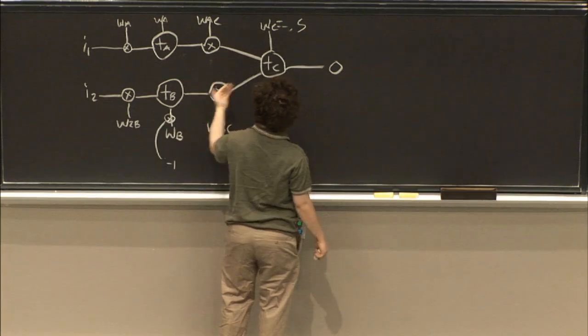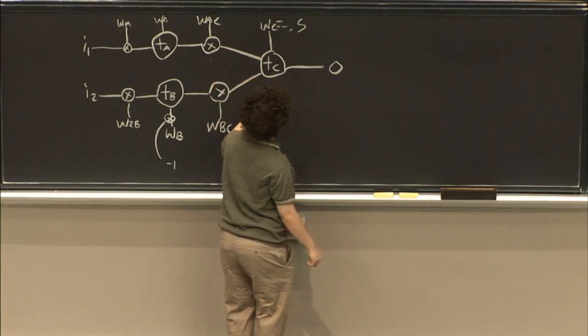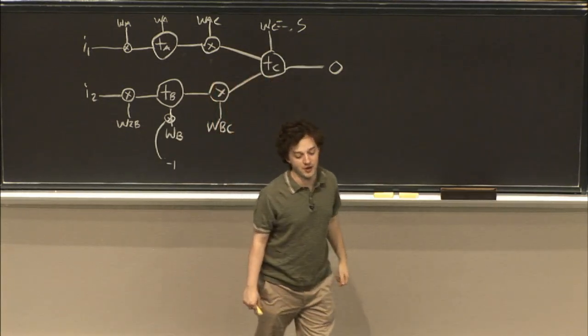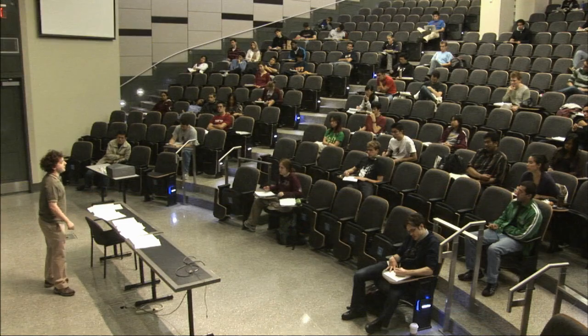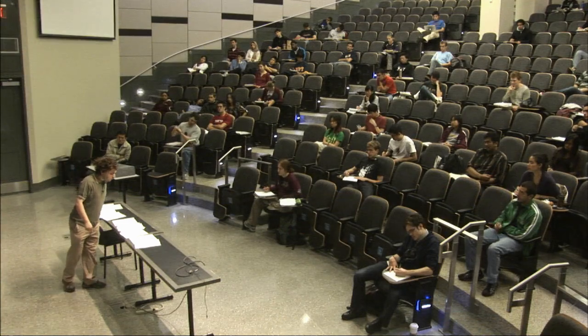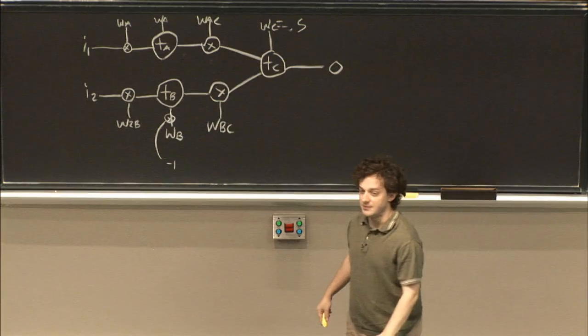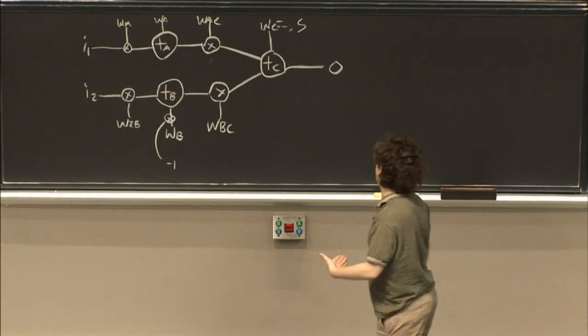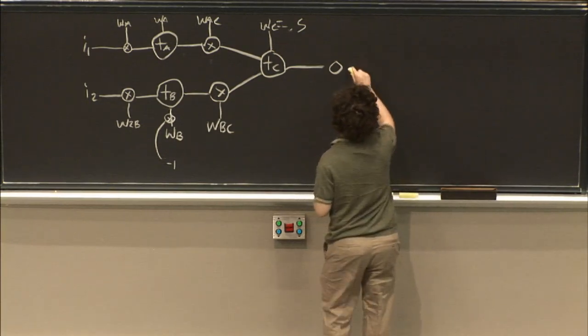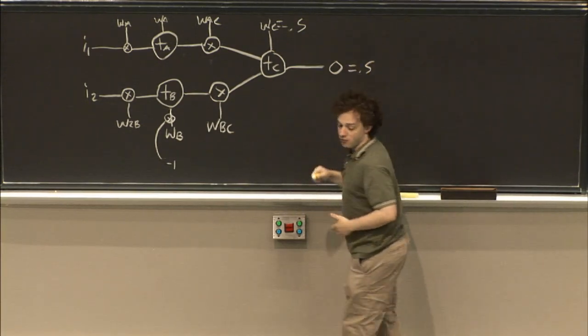So 0 plus 0 plus positive 0.5, the output is positive 0.5. Does everyone see that? If not, you can convince yourself that it's positive 0.5. That would be a good exercise for you, running through one forward run. The output is definitely positive 0.5 first time around.